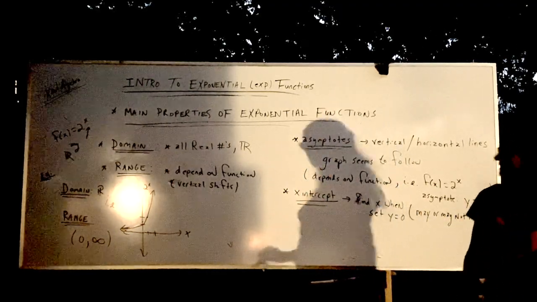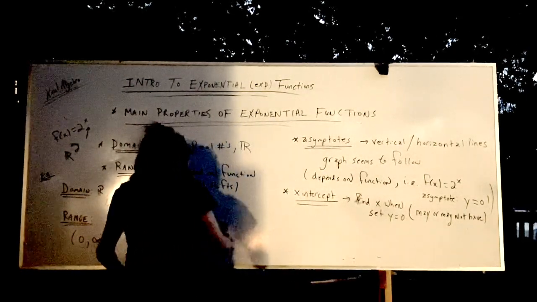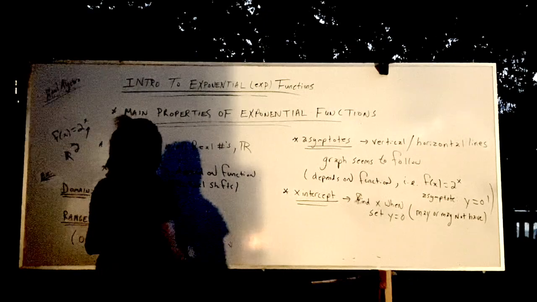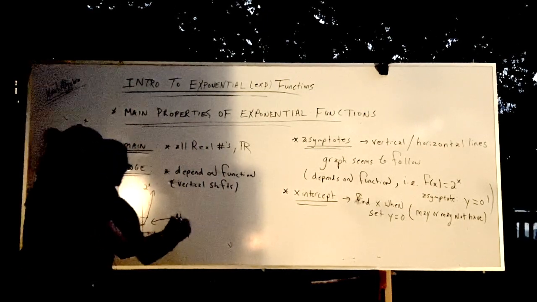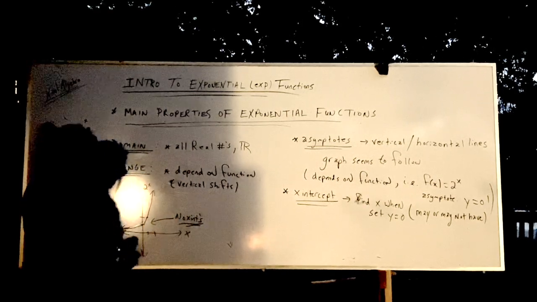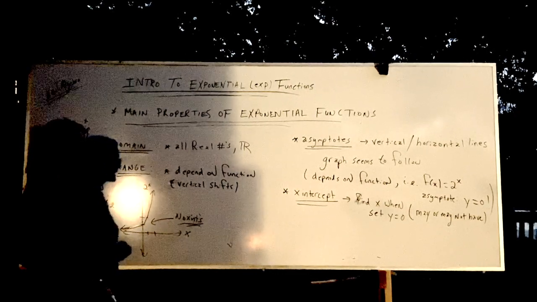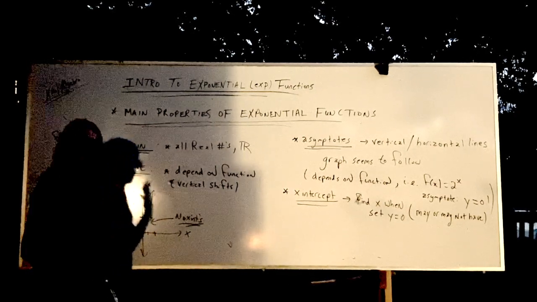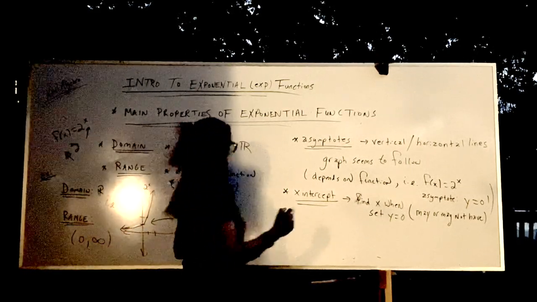Okay, these are crossings on the x-axis. So if we had our 2 to the x function right here, you notice that there's no x-intercepts in this one. However, if I moved it down, I would get some x-intercepts, and I could find them by setting the y in my equation equal to 0. The same technique as we've done before.